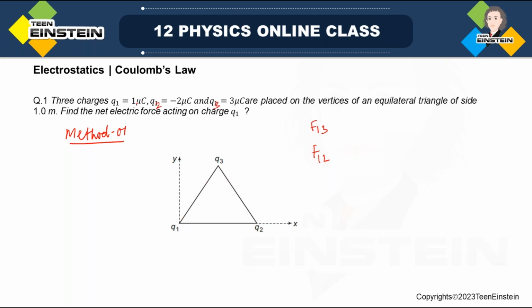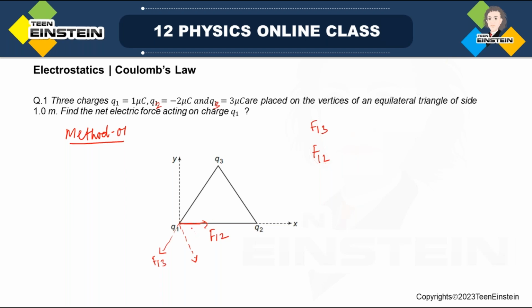Q1 is positive, Q3 is positive, so the force due to that will be in this direction; I can say F13 this way. The force on 1 due to 2 is in this direction because it is an attractive force. Q2 will attract the Q1 charge, so this is F12. The resultant will be along this direction.